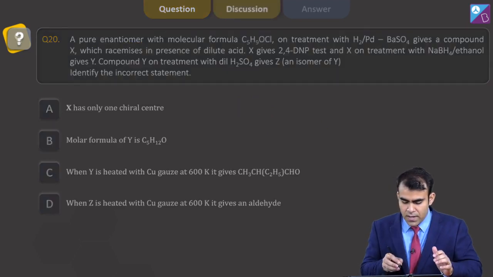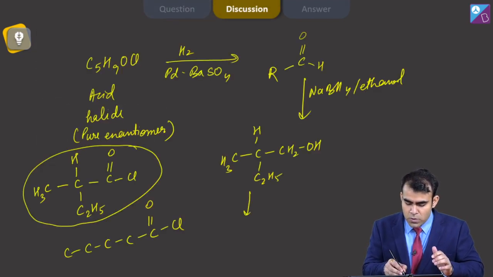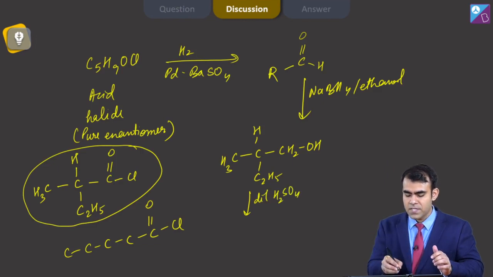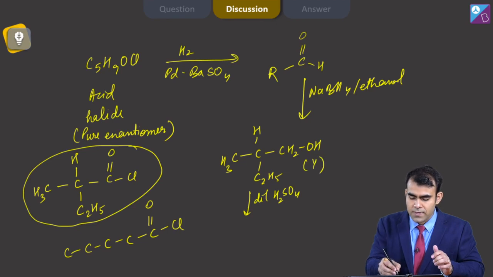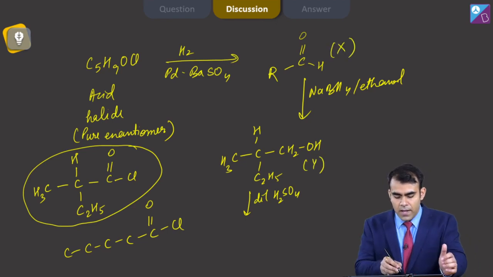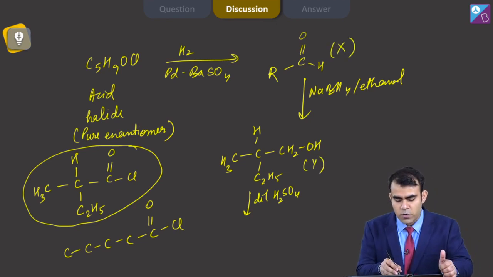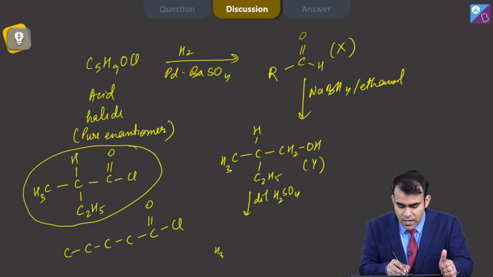Now this compound basically reacts with dilute H2SO4 and it forms a compound Z, which is an isomer of Y. Now if I react this compound with the dilute H2SO4, what will happen? This is Y basically, and this is X. Now on reaction with dilute H2SO4, this OH takes H plus, this will be lost. There is 1,2 hydride shift, and finally I will get a carbocation like this.